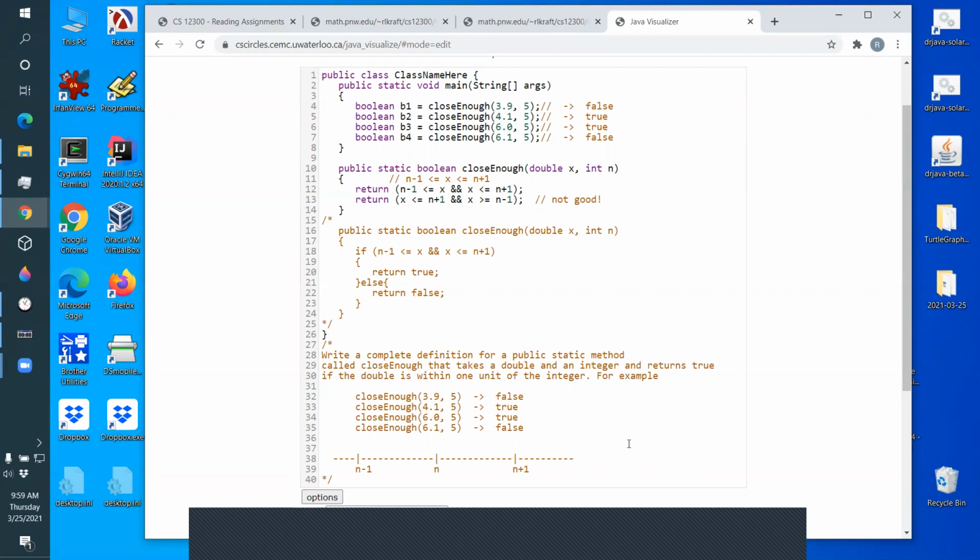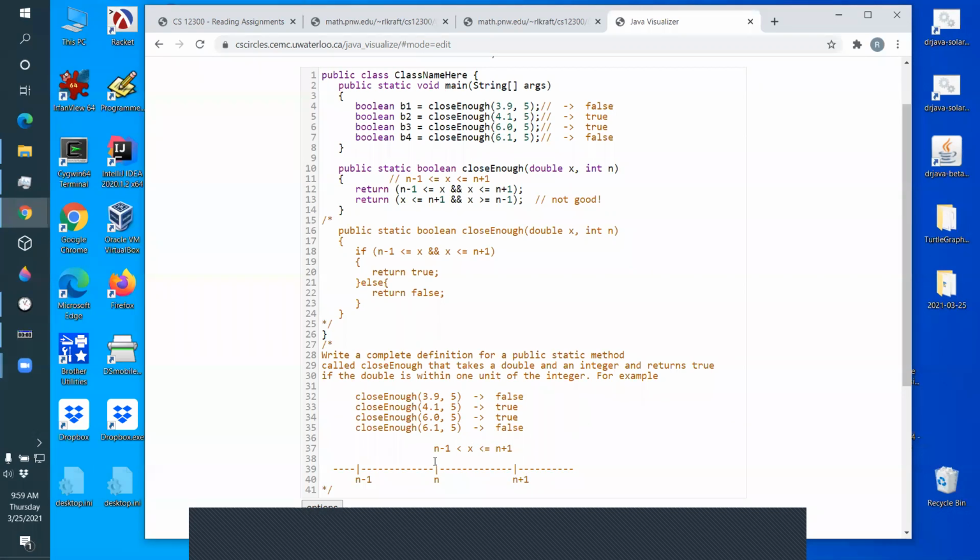In math down here, you essentially say that you want x to be between n plus 1 and n minus 1. You want x to be between these two numbers.